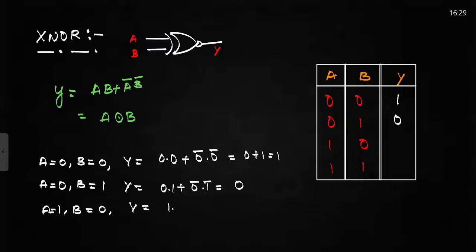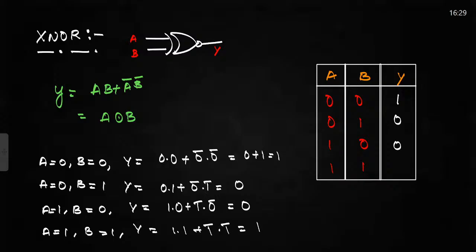Output will be 1 into 0, 0, and 1 bar into 0 bar is 0 into 1, so again you will have 0. I am having A 1, B 1. Output is equal to 1 into 1 plus 1 bar into 1 bar. We have 1 as output. So when you observe here, we are having 1 for an even number of ones. So we will call XNOR an even detector.